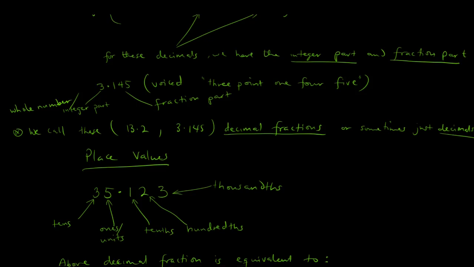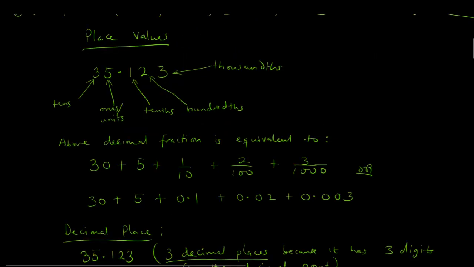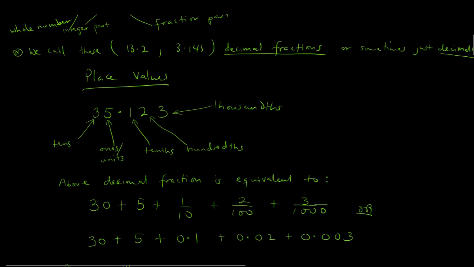Good. So now, in order to help us evaluate one decimal fraction against the other, we need to know the place value of each digit in the decimal numeral. As an example, we have 35.123.